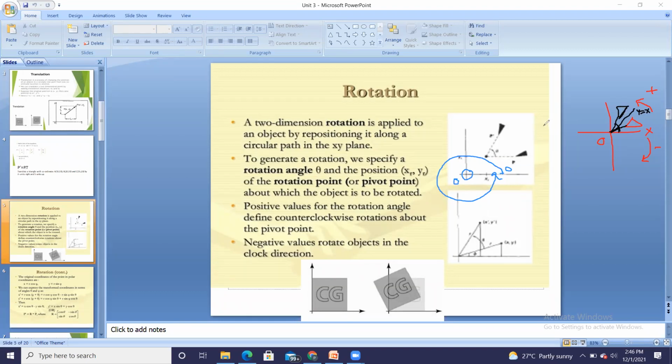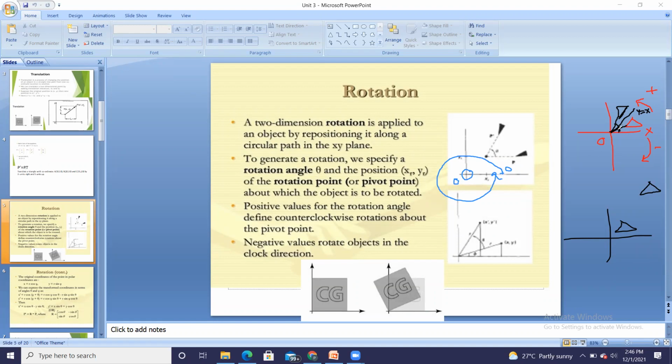In earlier translation method, if you remember, the translation is nothing but shifting the object from its original location to new location. So here the movement is in a linear manner, along a line. But here the movement is along the circular motion.